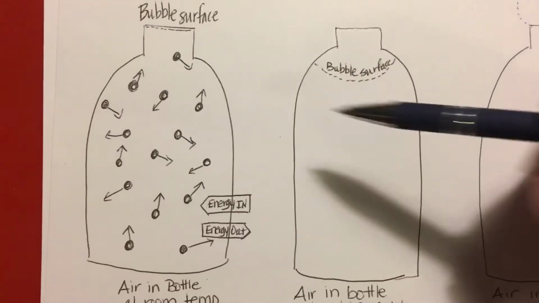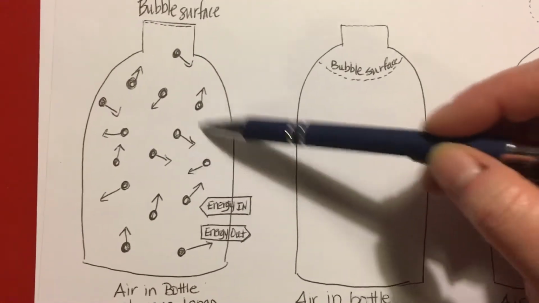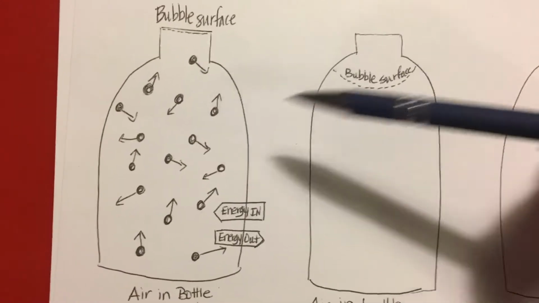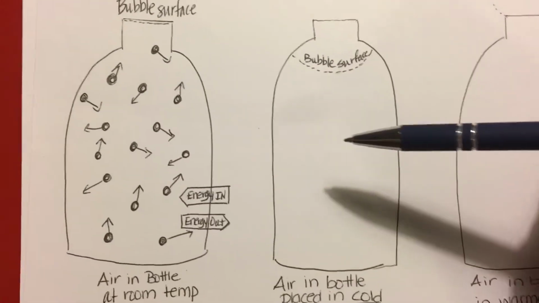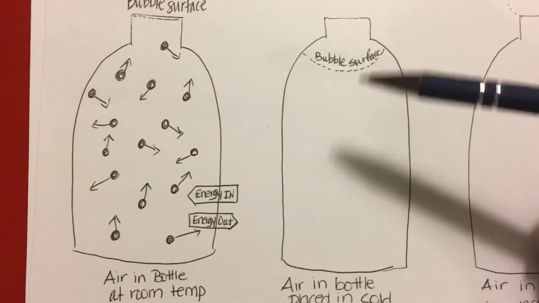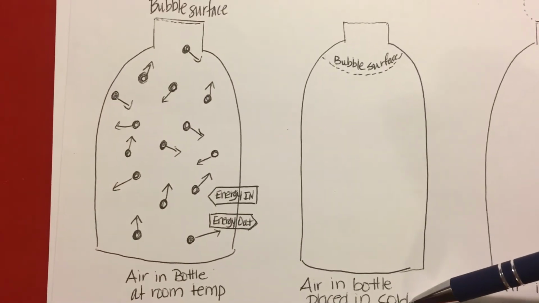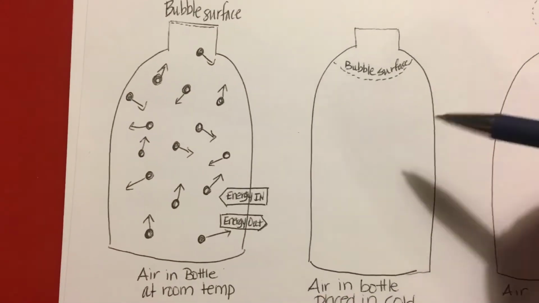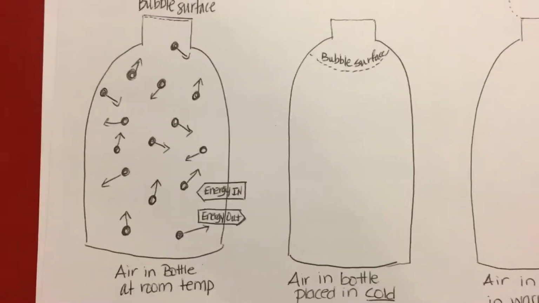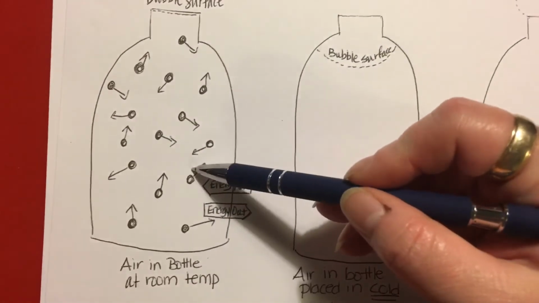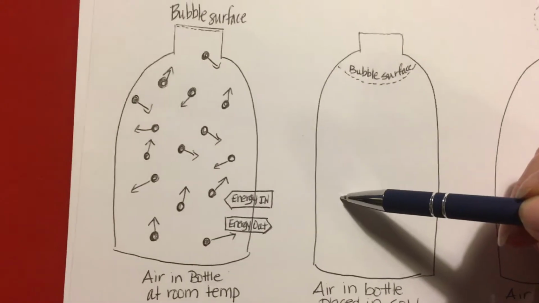But we have to think, are they going to be placed the same way as these molecules? Are they going to be closer, or are they going to be farther apart? Well, this water is cold, so we need to place the same number of molecules as in the first model in our second model.